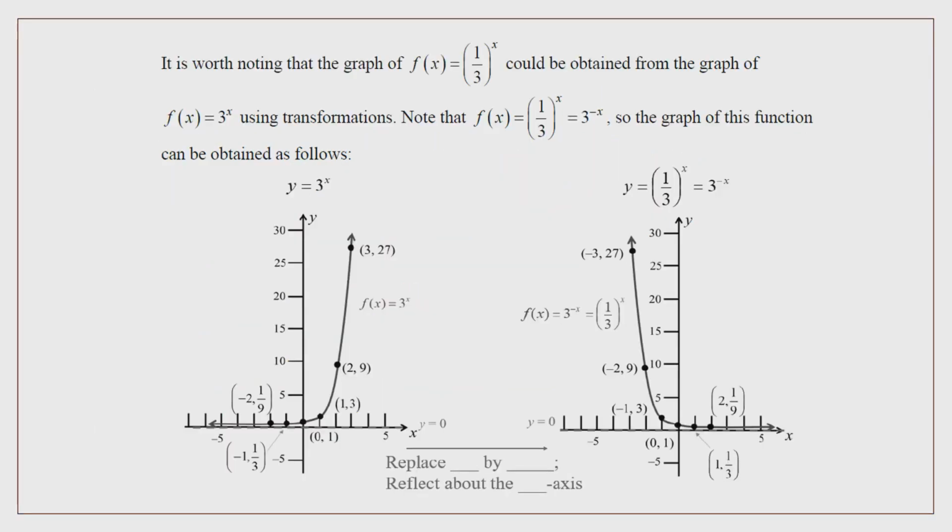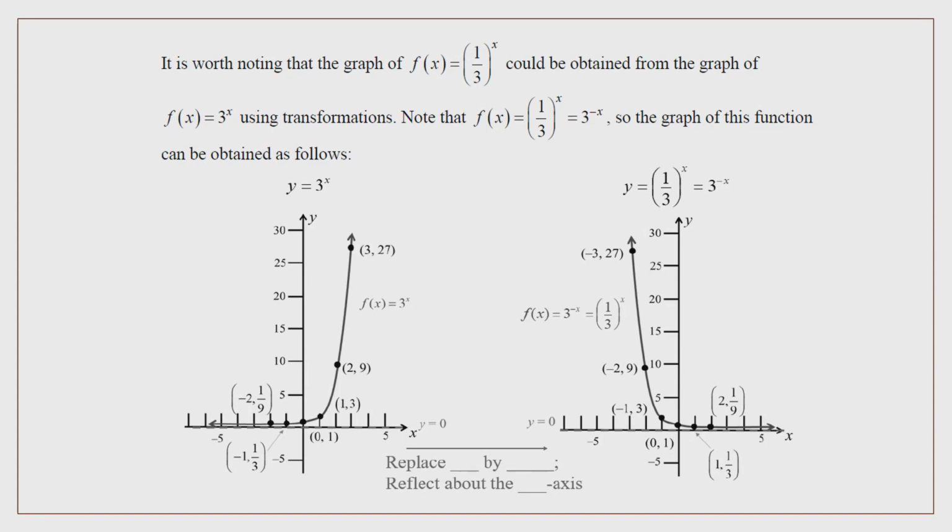So it is worth noting that the graph of f of x equals 1/3 to the power x can be obtained from the graph of f of x equals 3 to the power x using transformations. Note that f of x equals 1/3 to the power x equals 3 to the power negative x. So the graph of this function can be obtained as follows.